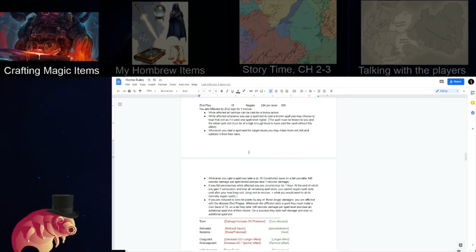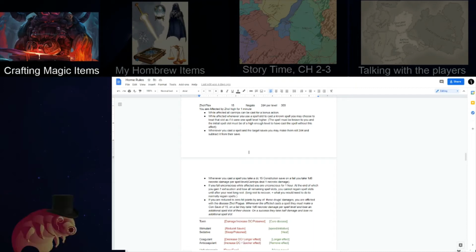You cannot regain spell slots until after your next long rest, meaning it will take 2 long rests before your spell slots return. If you are reduced to 0 hit points by any of this drug's damages, you are afflicted with the disease Zol Plague.